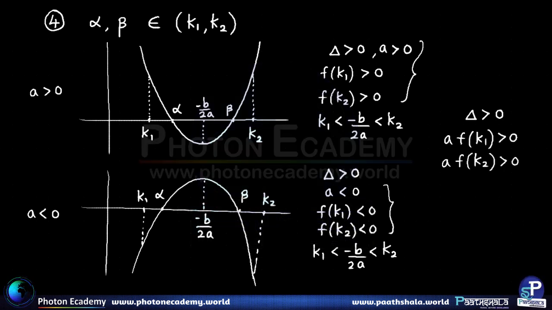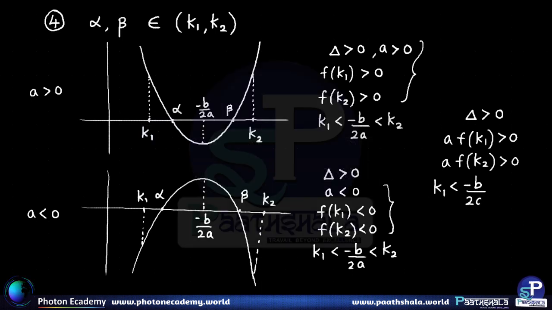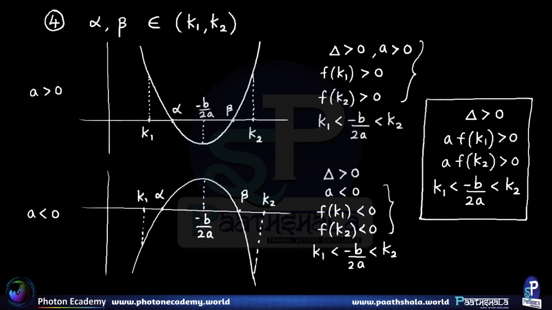Which takes care of both of these possibilities. And the last condition is exactly identical in both of them, which is k1 should be less than minus b by 2a, which in turn should be less than k2. So here is the final set of conditions for the two roots to lie between any specified interval k1 to k2.